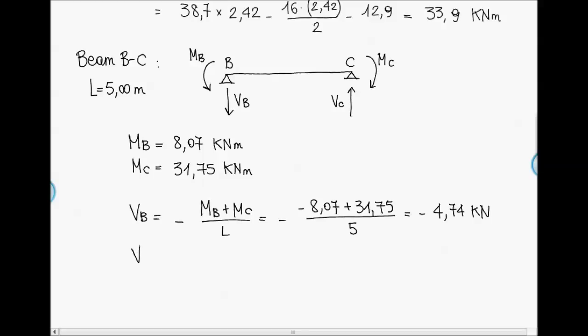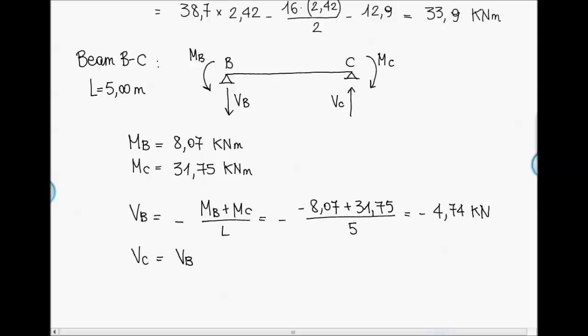And VC is equal to VB. In this case, indeed, we have a linear bending moment acting on beam BC, so we will have a constant shear diagram on this beam.